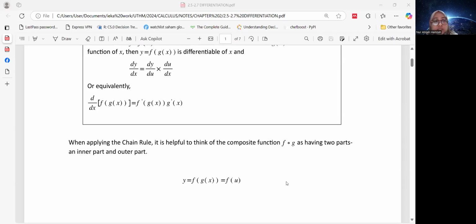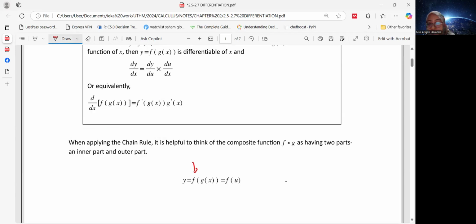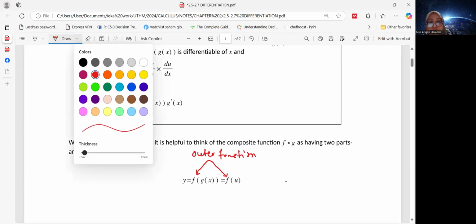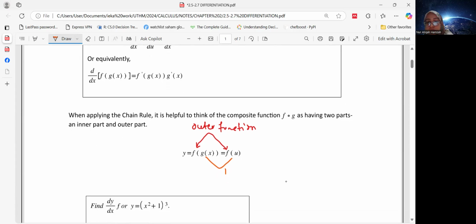So this is the outer function, and this is the inner function.